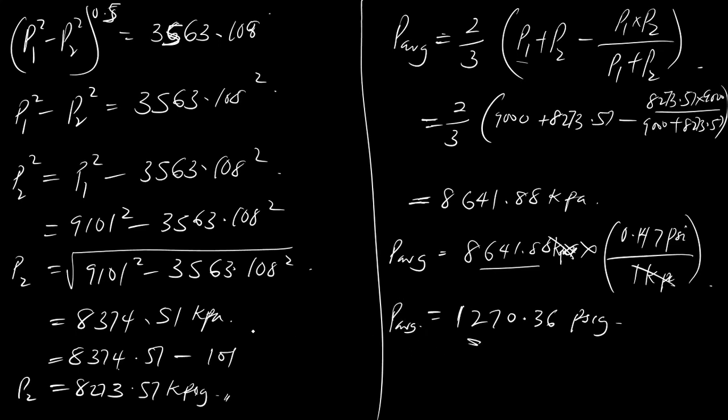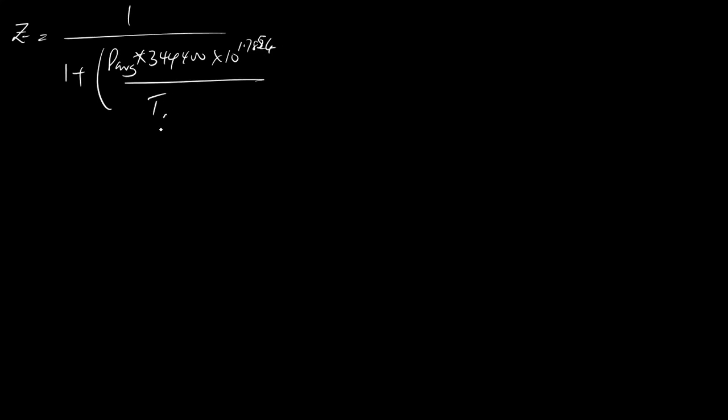Now this is the average pressure we're going to use to calculate our compressibility factor. That means our compressibility factor will now be 1 over 1 plus average pressure times 344,400 times 10 raised to power 1.785 G divided by fluid temperature raised to power 3.825.